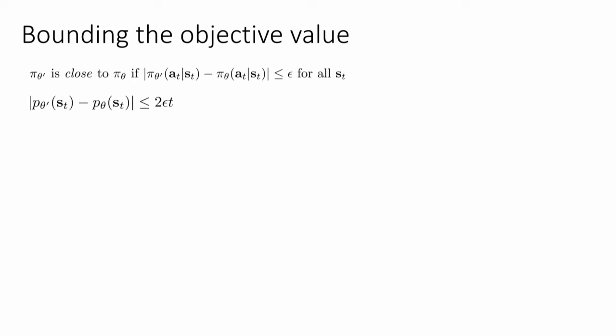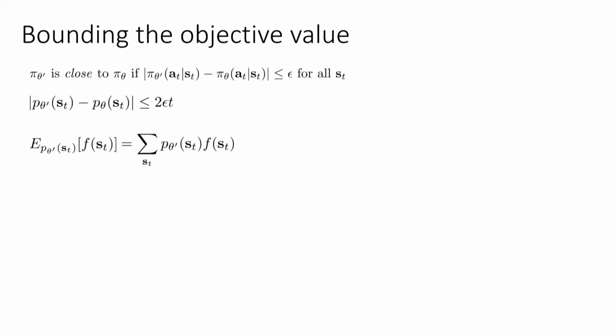How does this help us show that the left-hand side of that giant equation from before is approximately equal to the right-hand side? So let's derive a general version of this, and then we'll substitute that into our original equation. If you have an expectation of some function, let's say that function is f, we can write that expectation as the sum over all states of p theta prime of s times f of s.